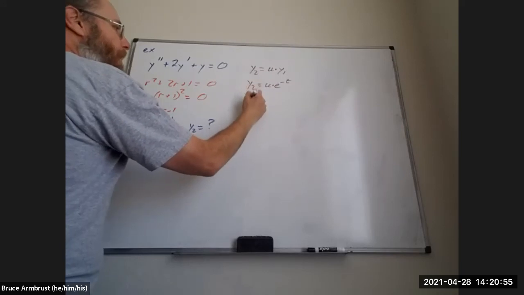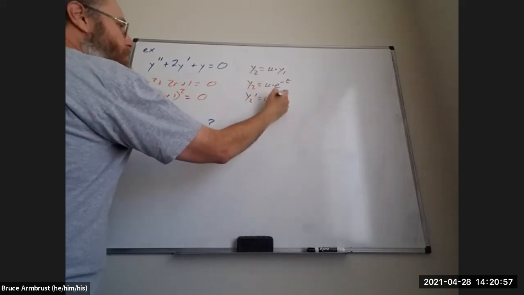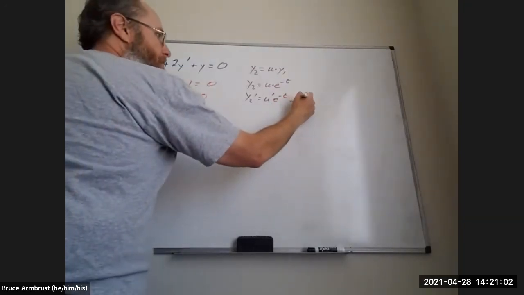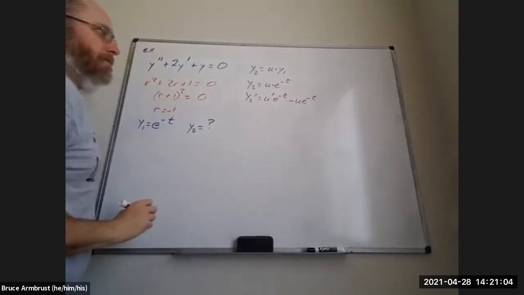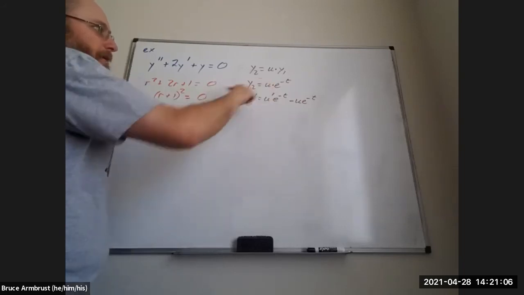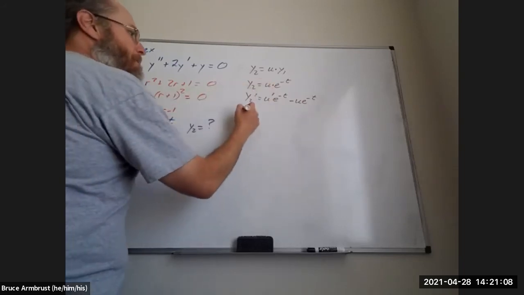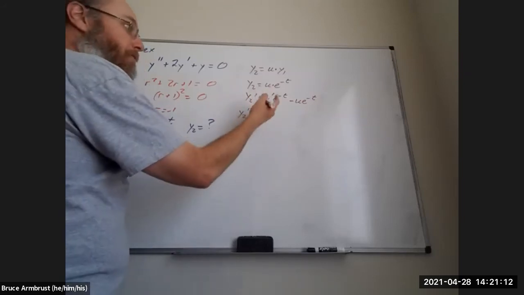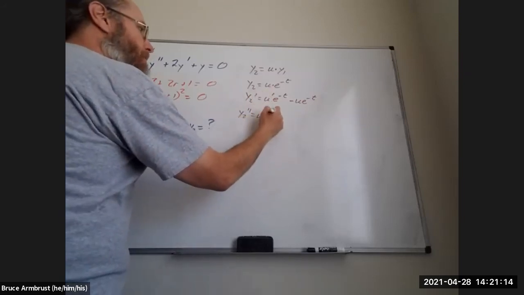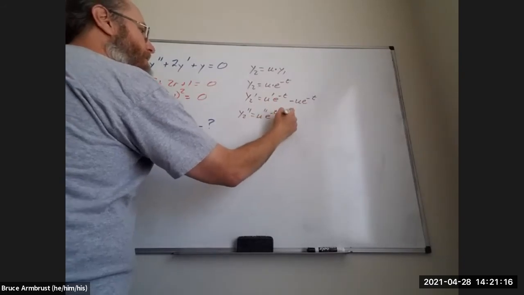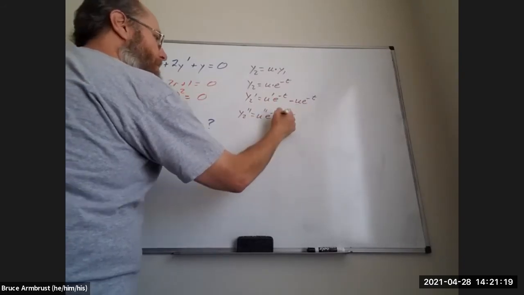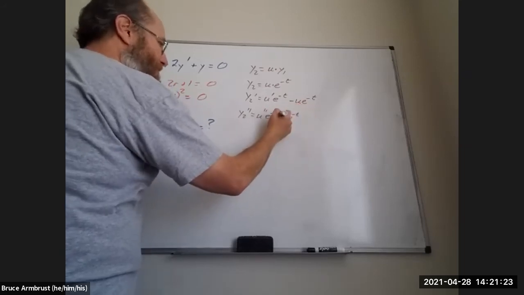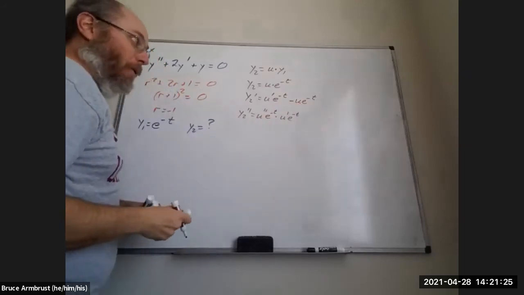So y2 prime then is going to be u prime e to the minus t minus u e to the minus t. Right, product rule on that. And then we have to do the second derivative, so that's going to be product rule again. We're going to get u double prime e to the minus t minus u prime e to the minus t.